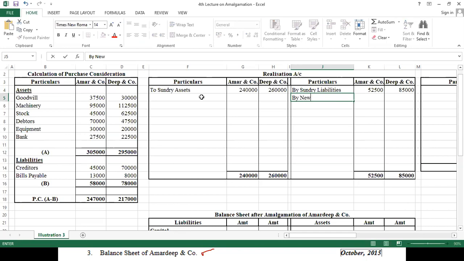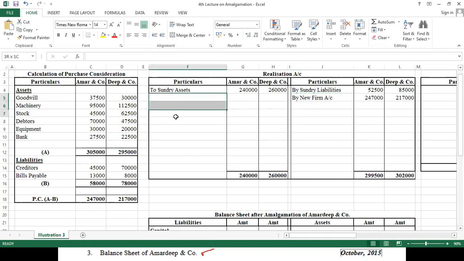Okay. Now after that we have to write new firm account, and new firm means a difference of assets and liability at market value. So it will be 2,47,000 and 2,17,000. I have already told you. Now here we will not write the realized asset on this side and the paid up liability on this side.